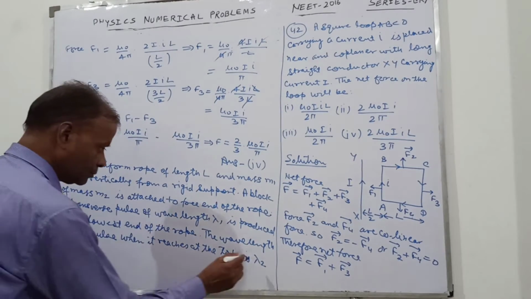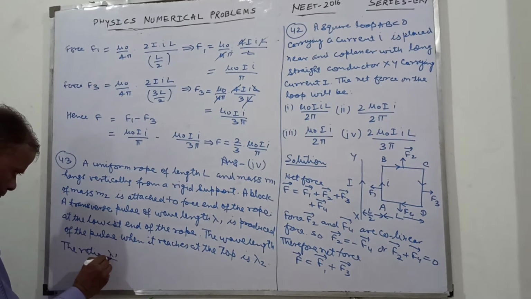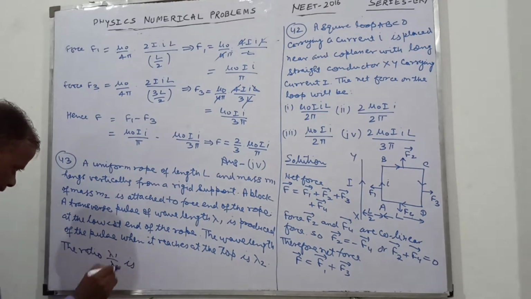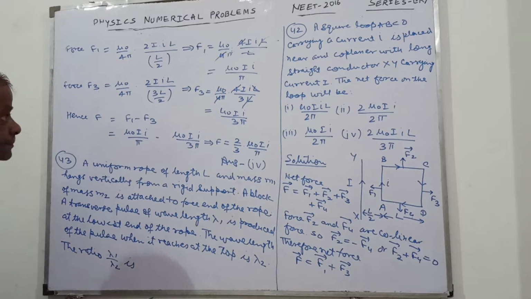The ratio lambda 1 upon lambda 2 is, now the options.